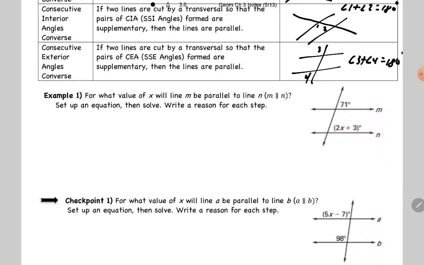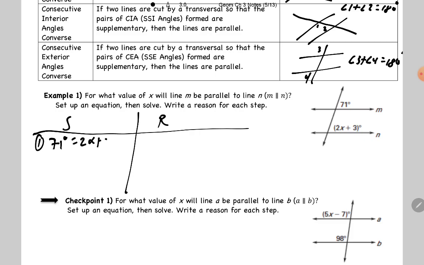Alright, let's do some examples. So for what value of x will line M be parallel to line N? Set up an equation, then solve, write a reason for each step. Okay? So, we're going to say statement, reason 1. 71 equals 2x plus 3.